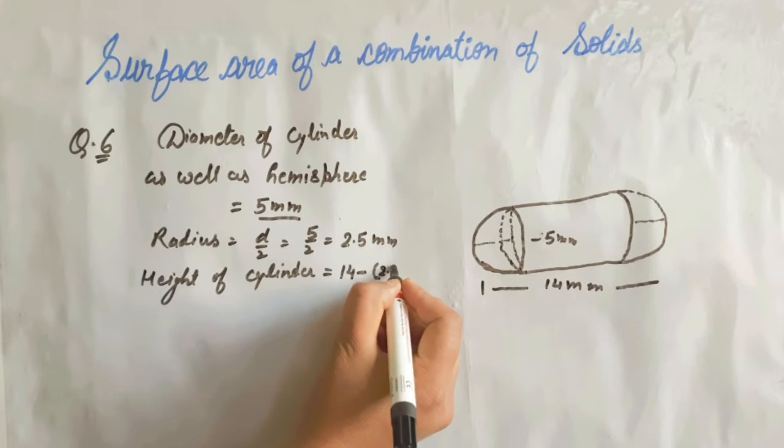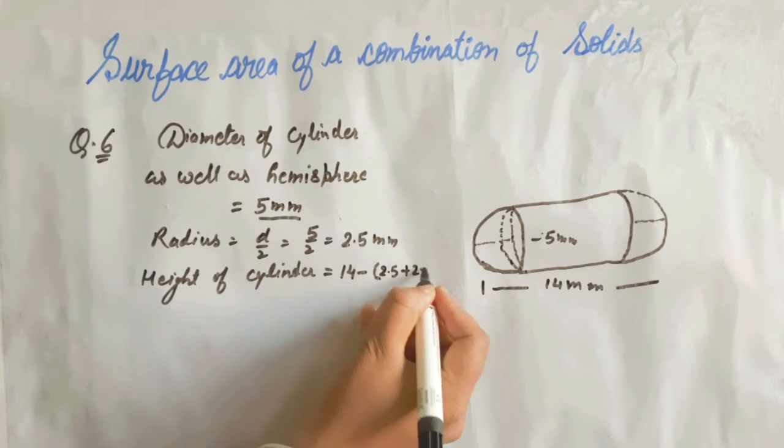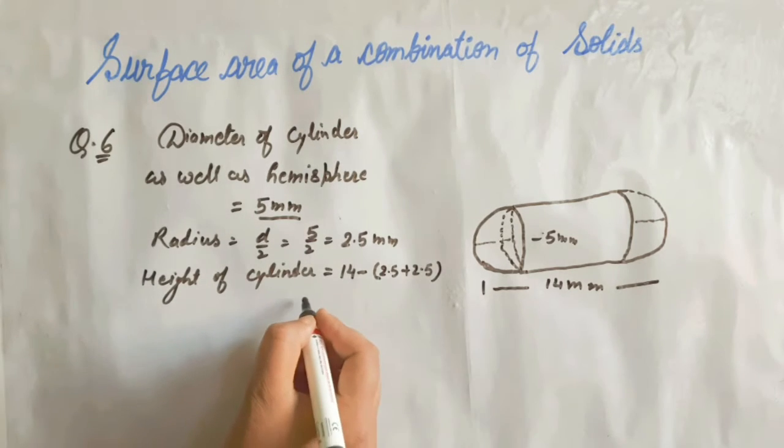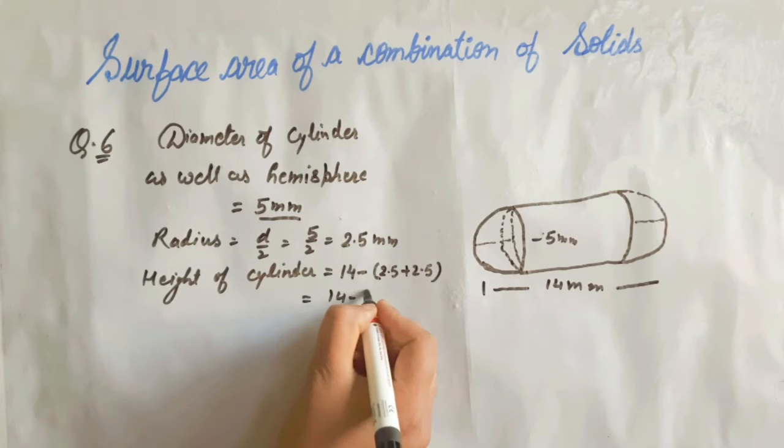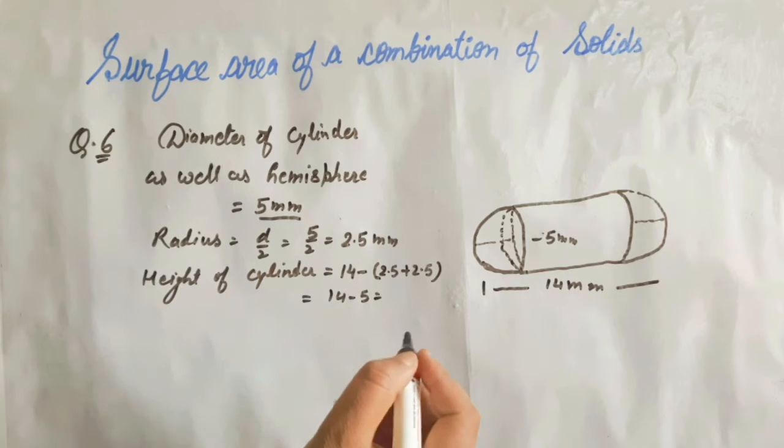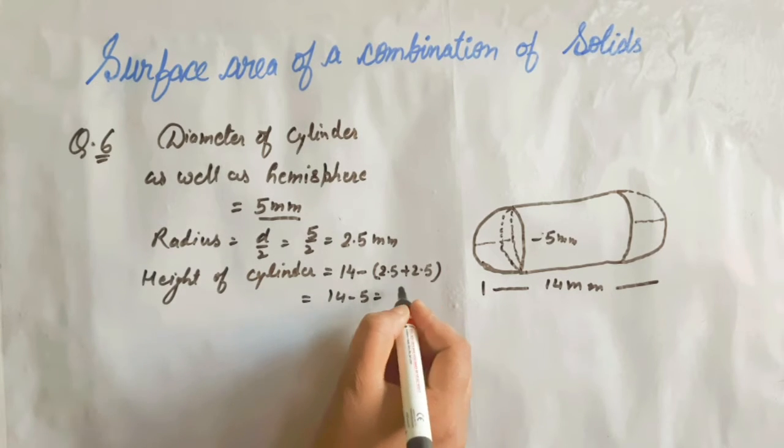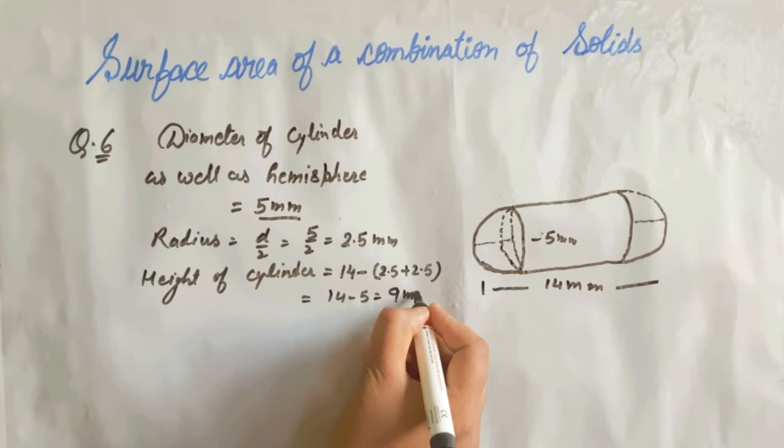So minus 2.5 plus 2.5. So this is 14 minus 5, which is equals to 9 millimeters.